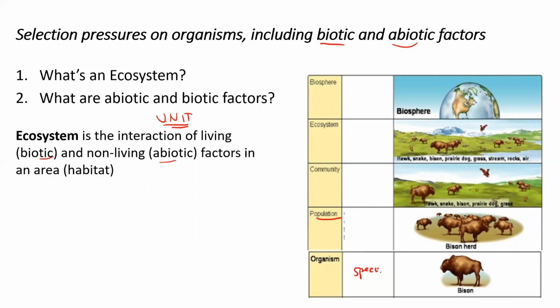Species that are capable of interbreeding produce a population. When we have several populations together, we have a community. Now when they start interacting with their abiotic factors, remember these are all biotic, when the biotic and the abiotic interact, we have an ecosystem. And several ecosystems form the biosphere.